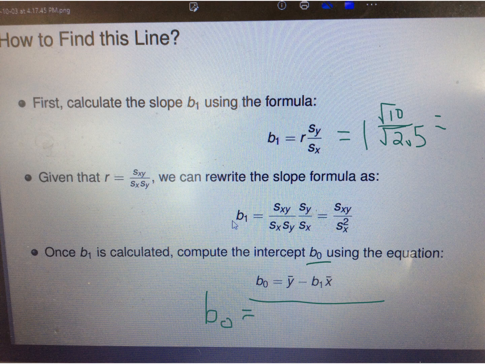I can put in my mean value of y and my mean value of x, and it was 3 and 6, right? So I had 6 for the y, and then minus my B value, my slope, times 3, which was x bar, the mean value of x.